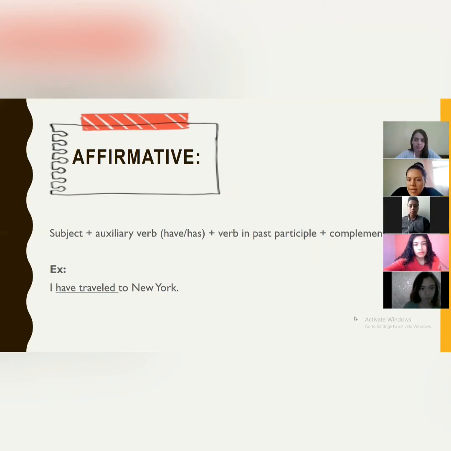And the verb in the past participle form, the verb in the base form is travel, but we have to change it to the past participle form and it becomes traveled. And the complement is to New York. So we have, I have traveled to New York.